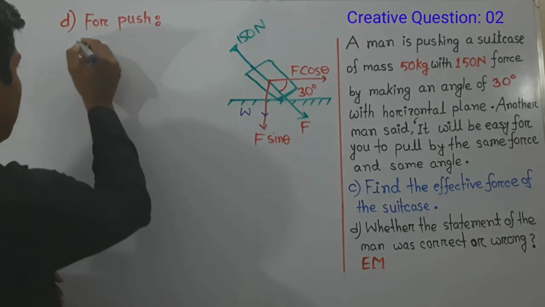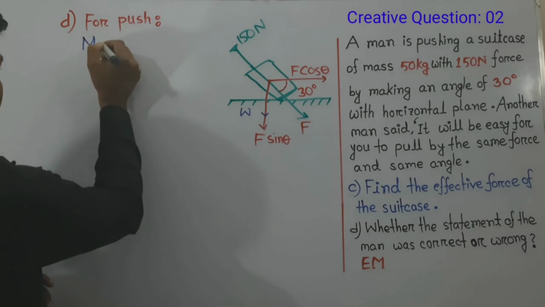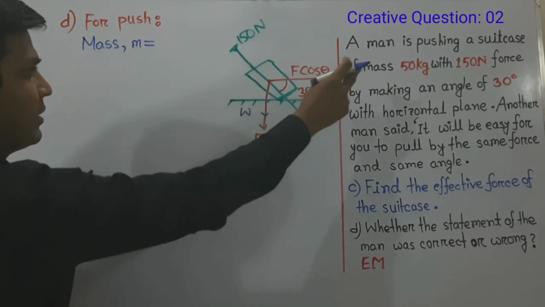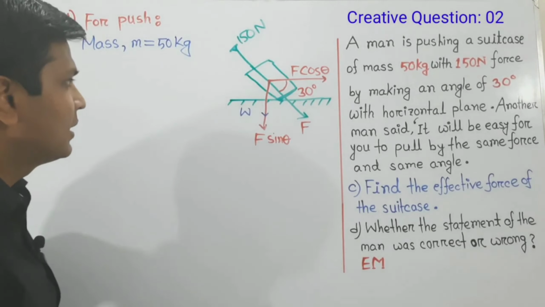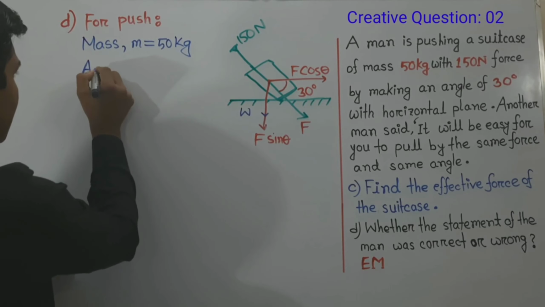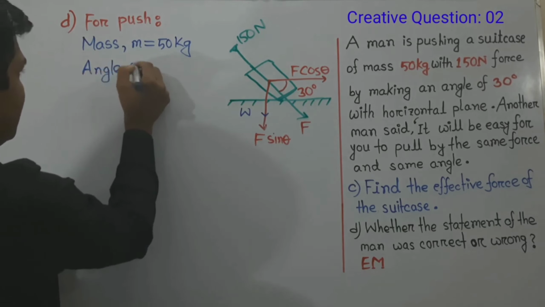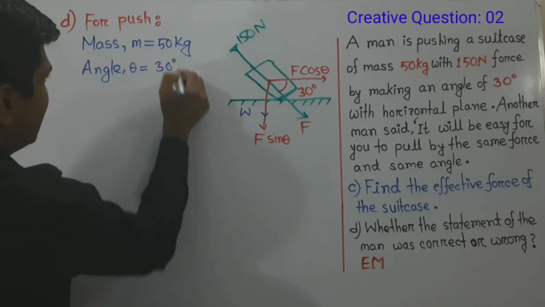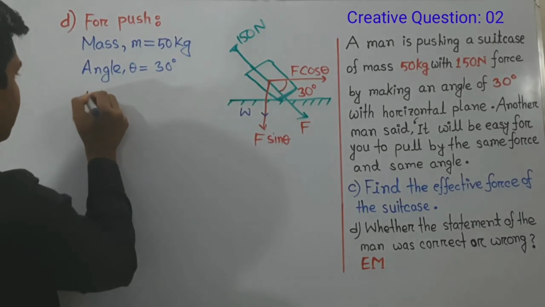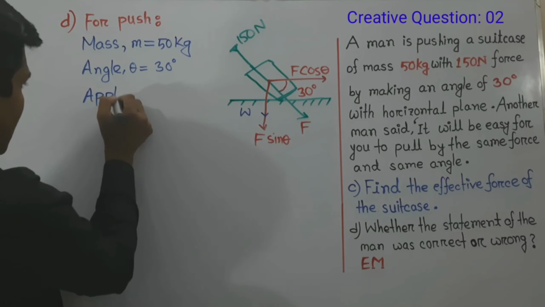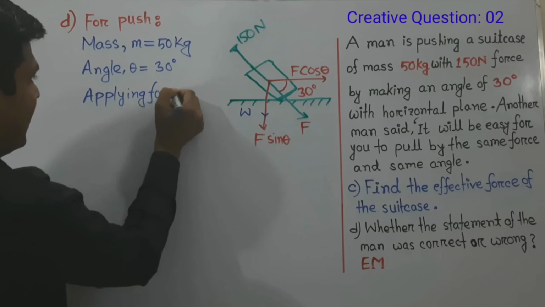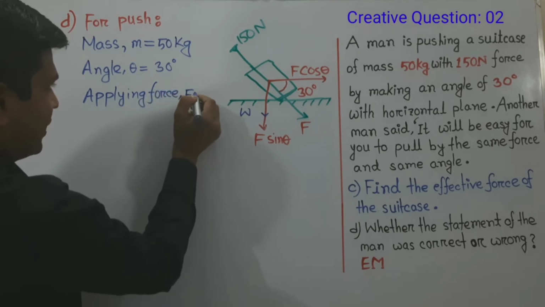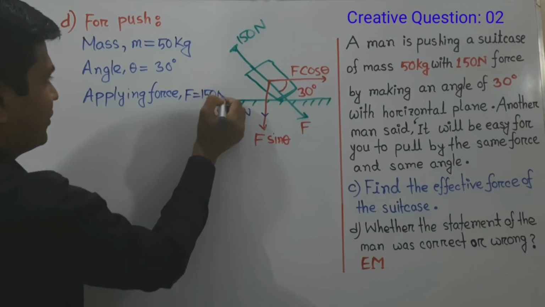Let's see the given quantity here. Mass of the suitcase is given here 50 kg, and making angle theta is given here 30 degree, and applying force F is given here 150 Newton.